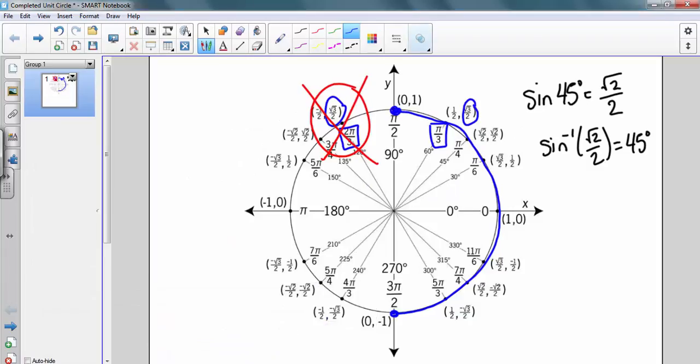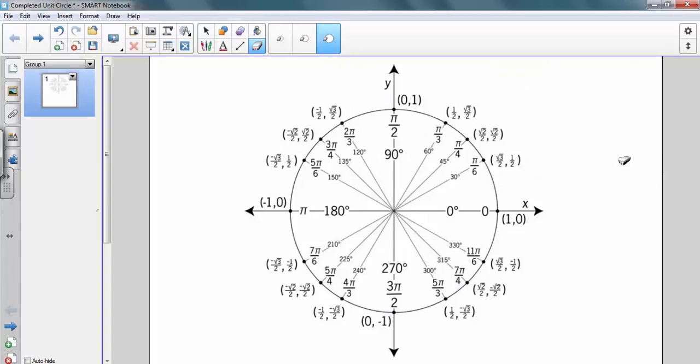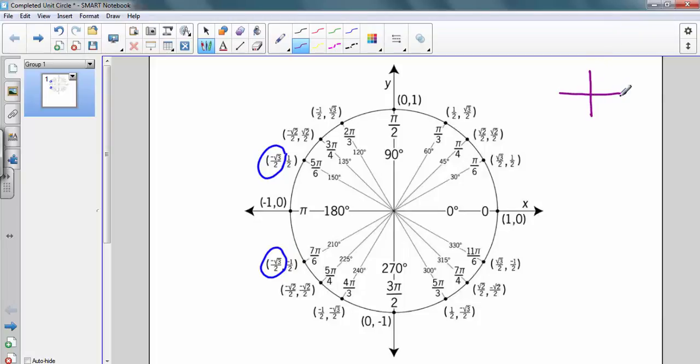Again, referencing back to my filled-in unit circle, we're looking for cosine, which is our x value, of negative root 3 over 2. So I have an x value of negative root 3 over 2 and another x value of negative root 3 over 2.